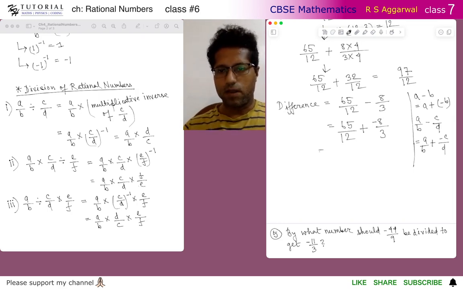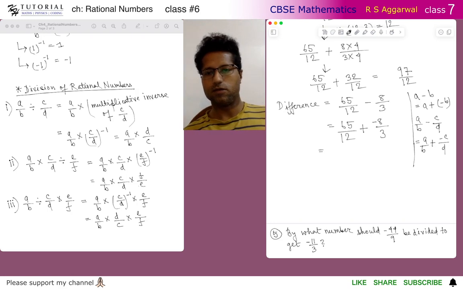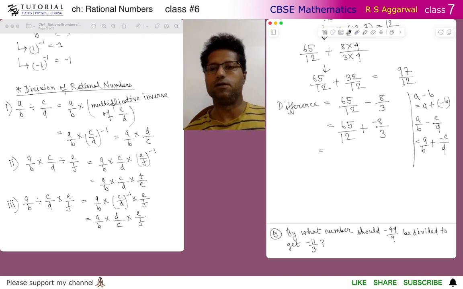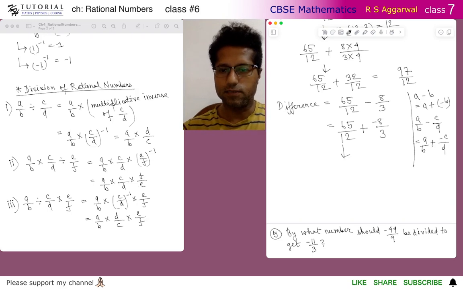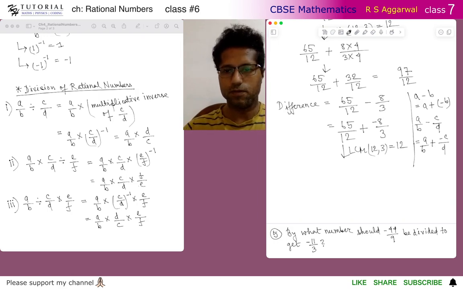Okay, and now this is an addition of two rational numbers with different denominators. So we have to find the LCM of the two denominators, as we have already done before. So this is 12. So this becomes 65 by 12 plus minus 8 multiplied by 4 divided by 3 multiplied by 4.